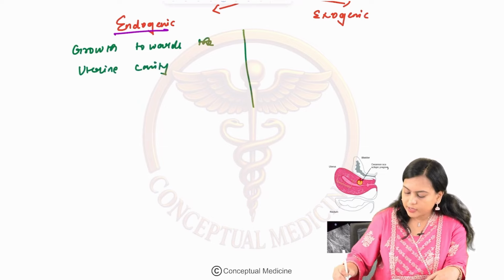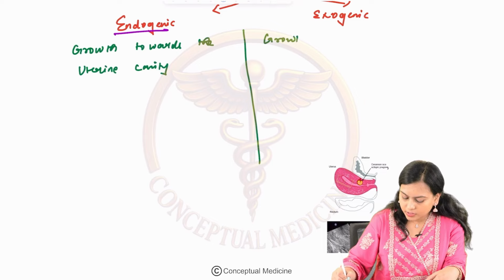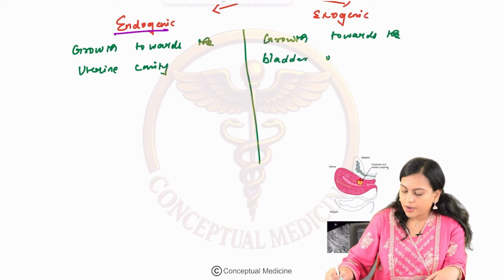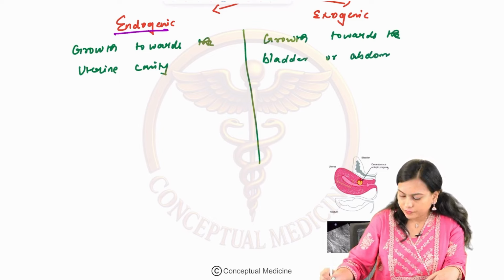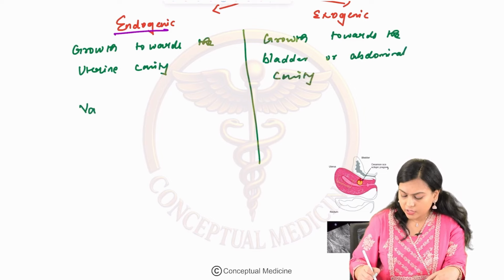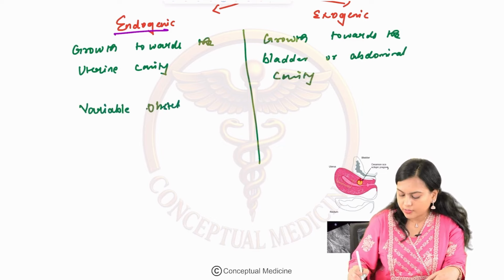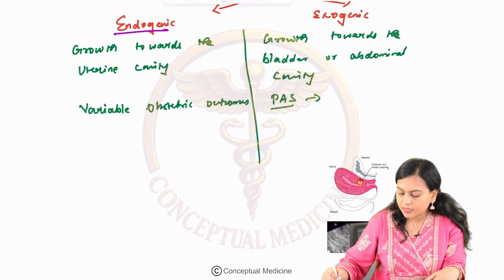Whereas in exogenic, the growth is towards the bladder or abdominal cavity. And in endogenic type, there can be variable obstetric outcomes. Whereas in exogenic type, it may complicate itself as placenta accreta spectrum, and that may increase the need for hysterectomy.